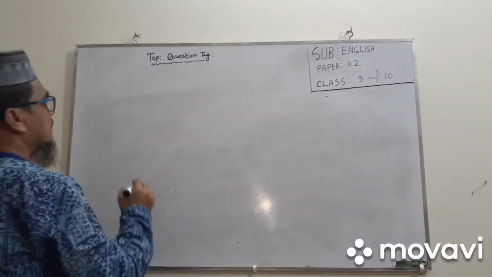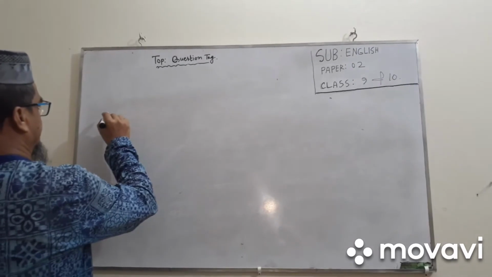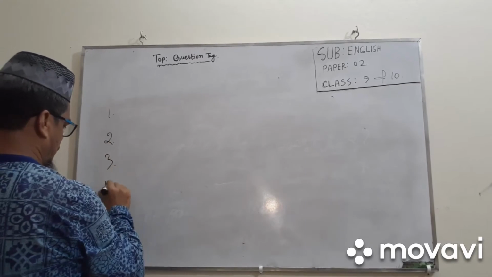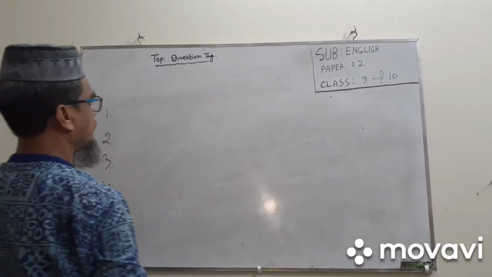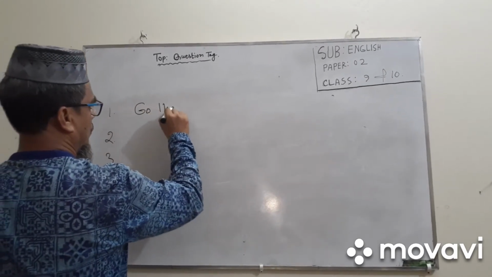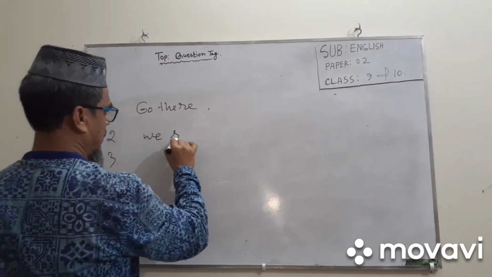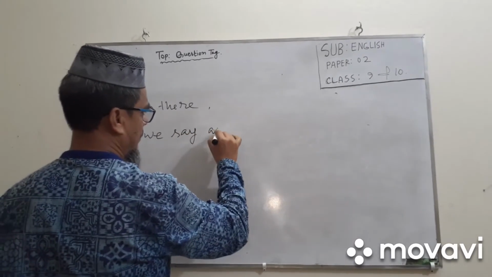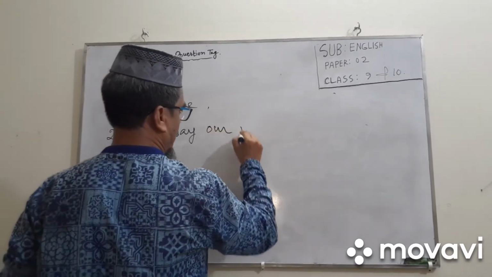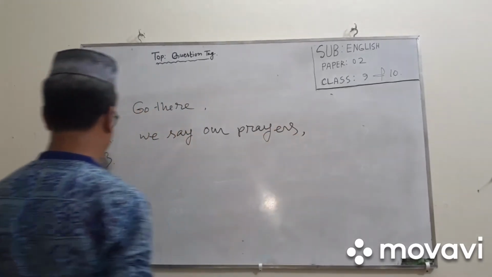Here we are going to correct some questions. Number 1, 2, 3, 4, 5. Go there. We say our prayers.